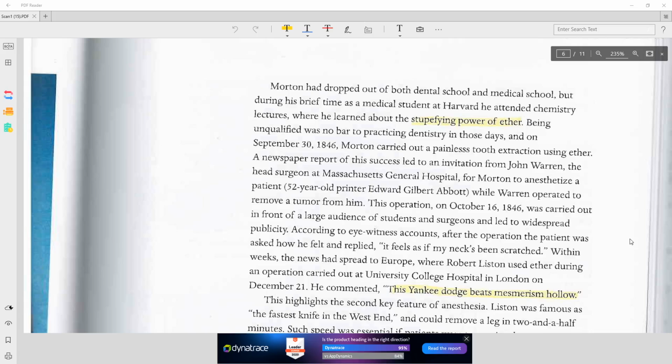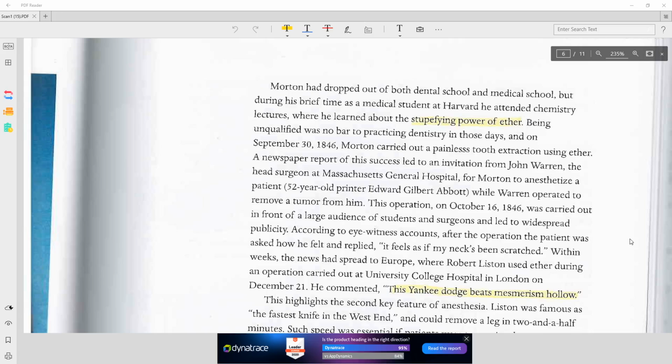A newspaper report of this success led to an invitation from John Warren, the head surgeon at Massachusetts General Hospital, for Morton to anesthetize a patient, 52 year old printer Edward Gilbert Abbott, while Warren operated to remove a tumor from him.